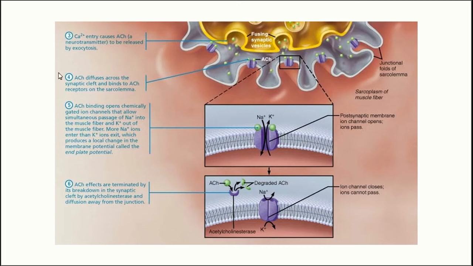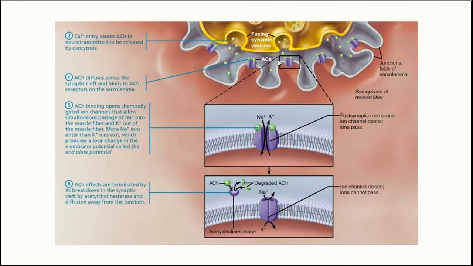Picking up from that third event, where calcium entry causes acetylcholine to be released by exocytosis into the synaptic cleft of the neuromuscular junction: once released from the axon terminal, the acetylcholine will diffuse across the synaptic cleft, and it will bind to those ACh receptors that I pointed out in a previous lecture segment.